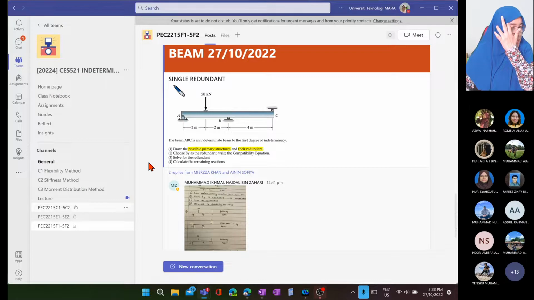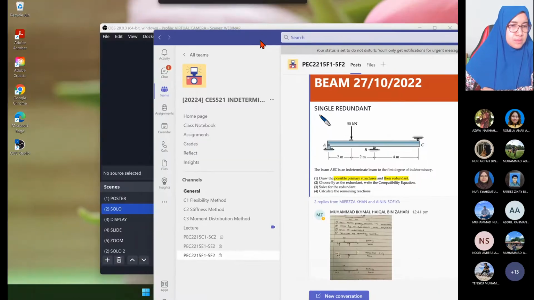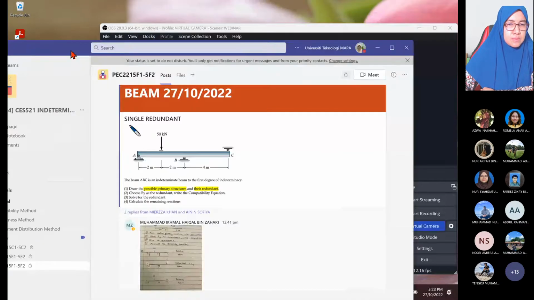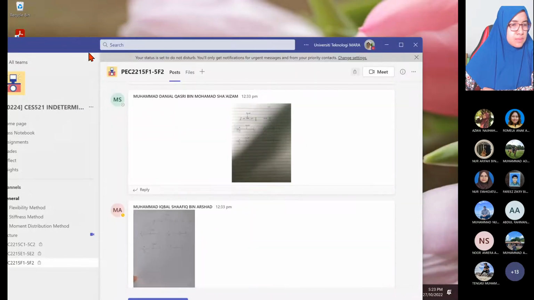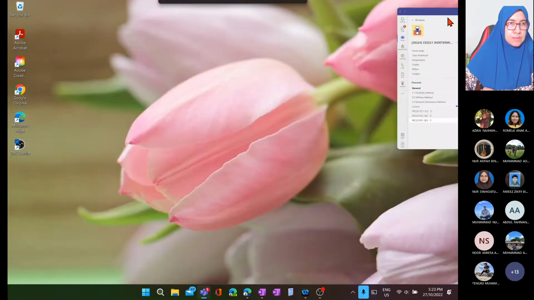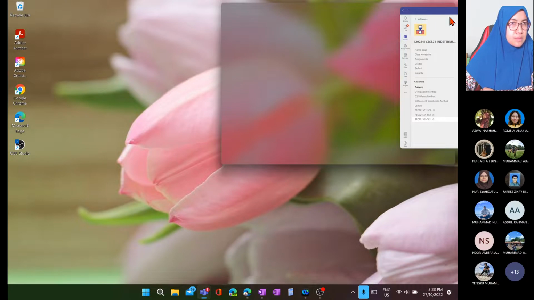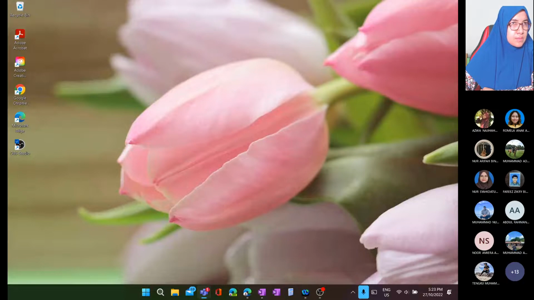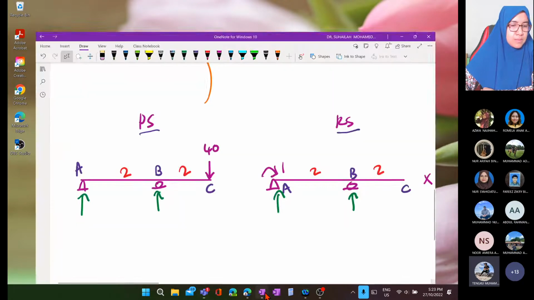Please help me to calculate the reaction. What is the reaction at A and B for both diagrams? For AY I got negative 40, BY I got 80.